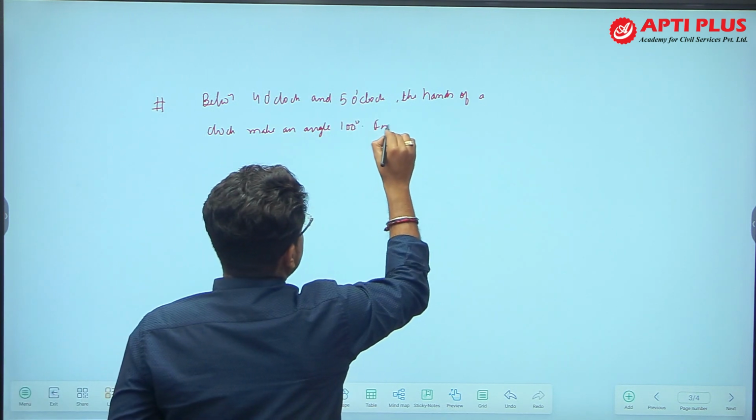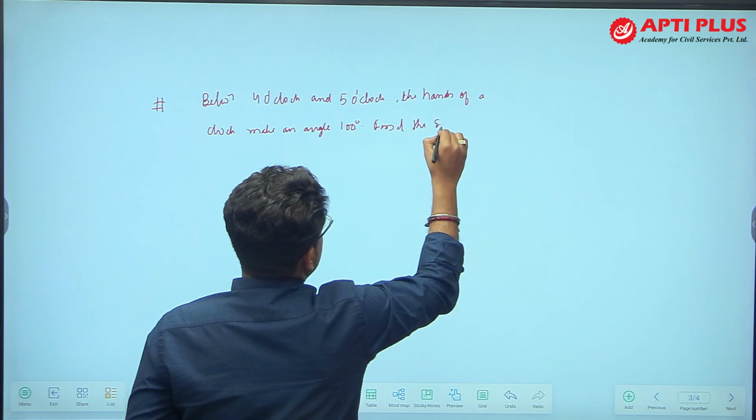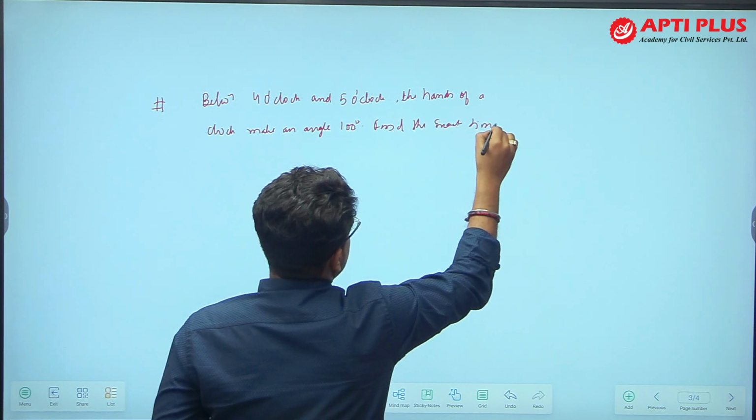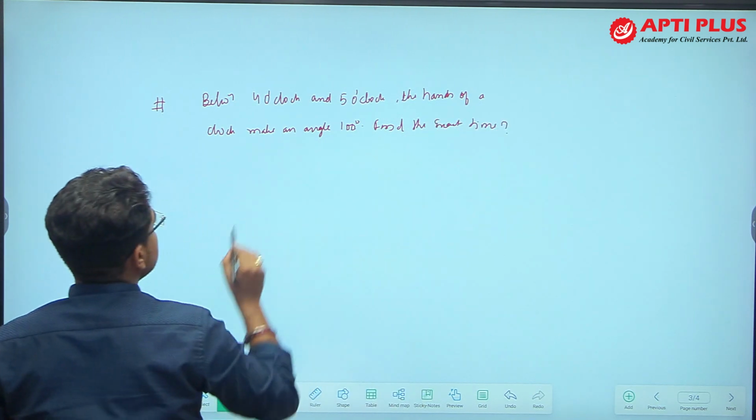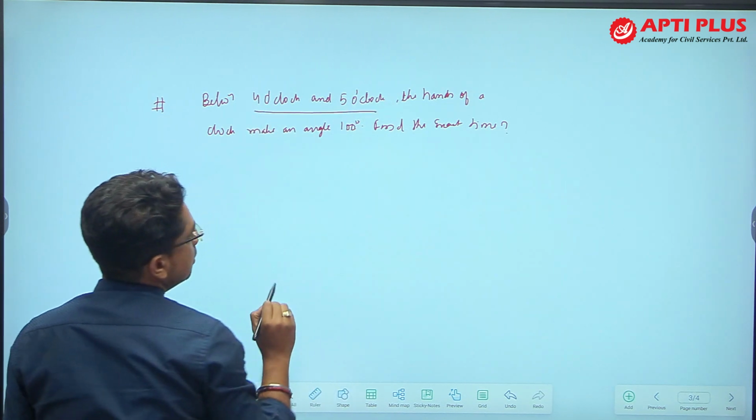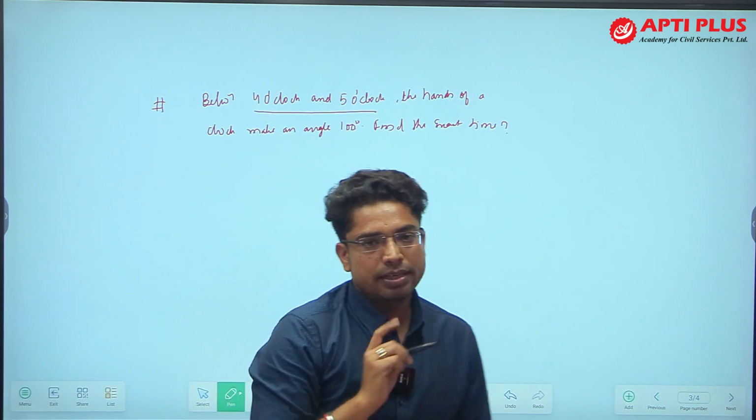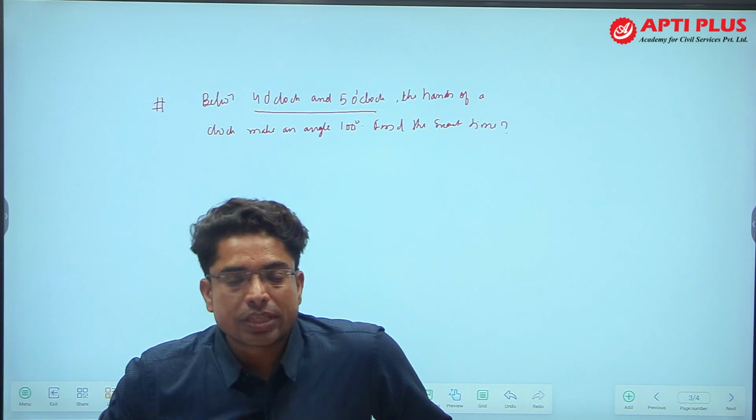Find the exact time. So in this case, between 4 and 5, the angle mentioned is 100 degrees. So the exact time is what?